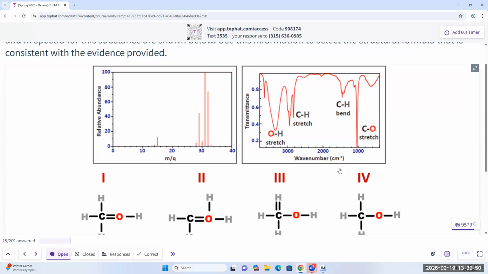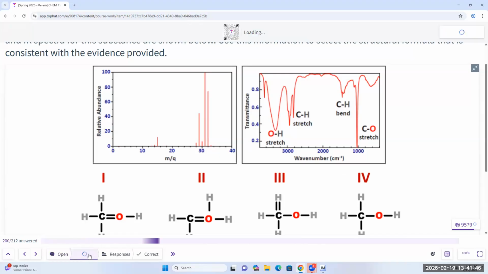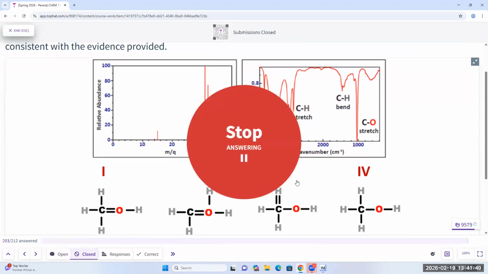Looking at these questions, usually you can be given the mass spectrum, and that tells you the molar mass of the molecule and what fragments we have and stuff like that. And then you can be given the IR spectrum, which tells you what bonds we have so that we can build the molecule. That's the idea there.